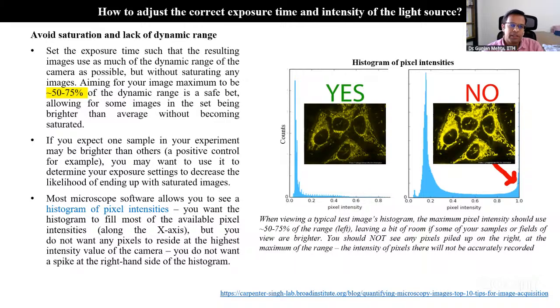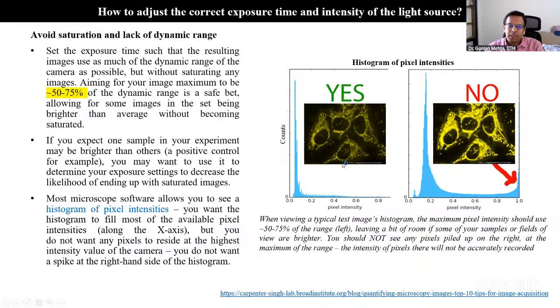But in live mode, you can change the graph by increasing or decreasing the exposure time, or by increasing or decreasing the light intensity. Once the image is captured, you can just see the histogram of pixel intensity for that image, but you cannot change it, right? Because that is already a captured image.